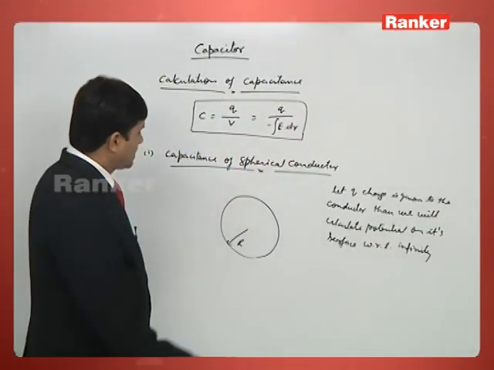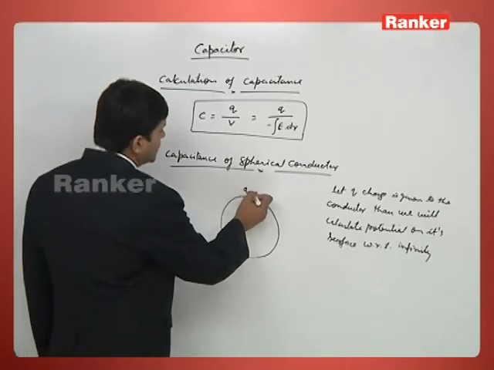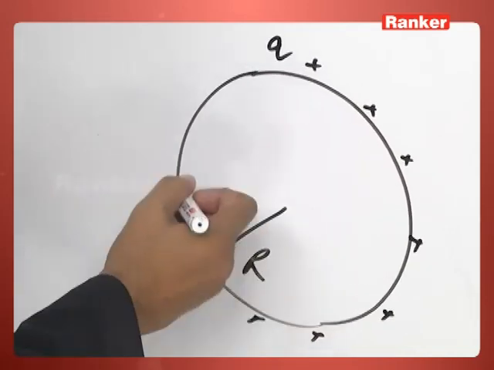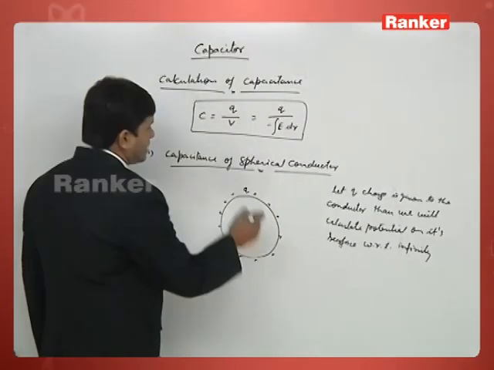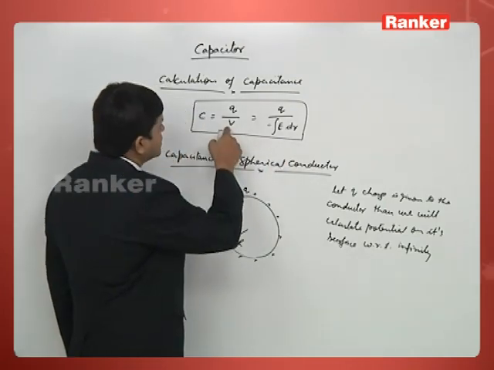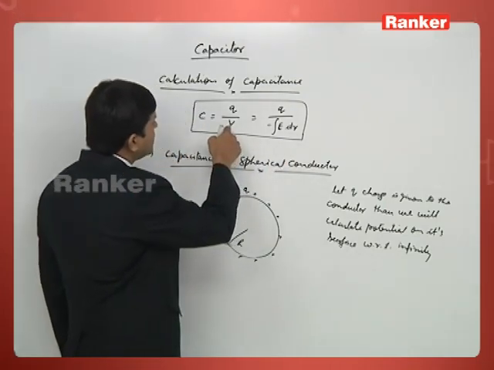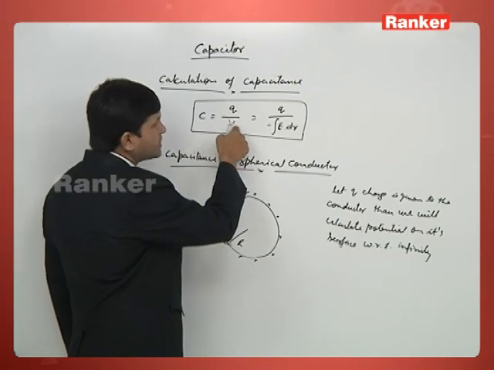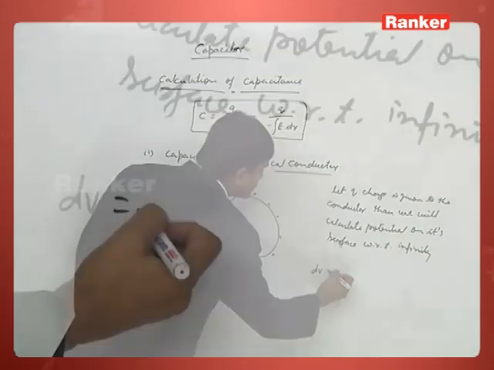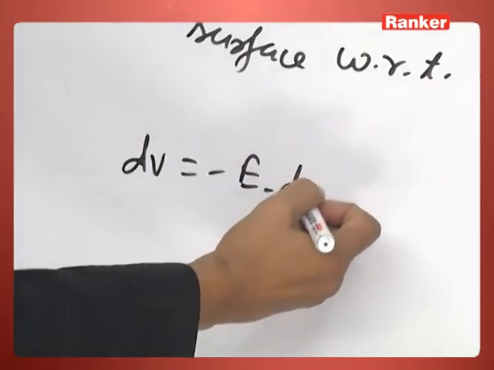If charge Q is given to this conductor, then to calculate the potential, we use the potential difference between the surface and infinity. So dV is equal to minus E dot dr.